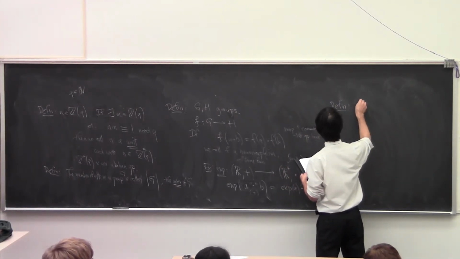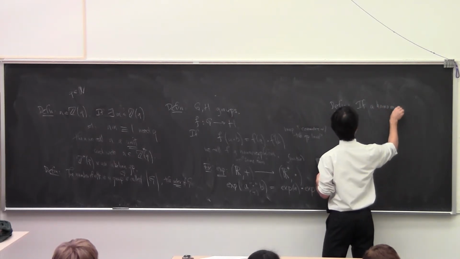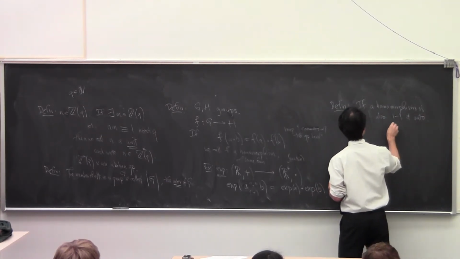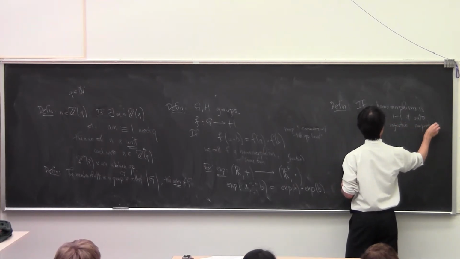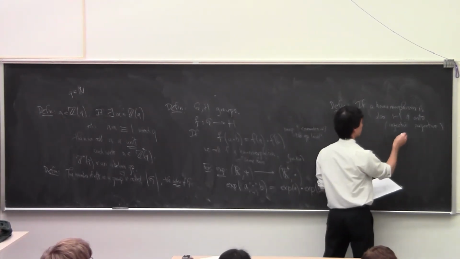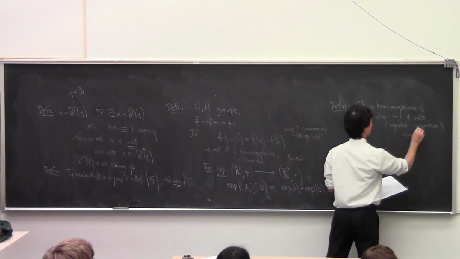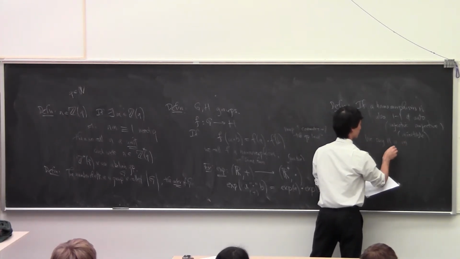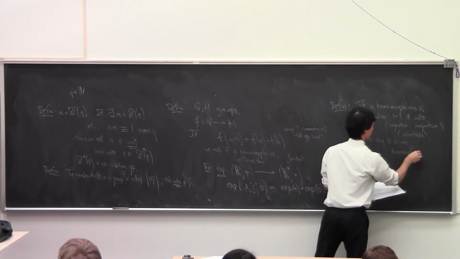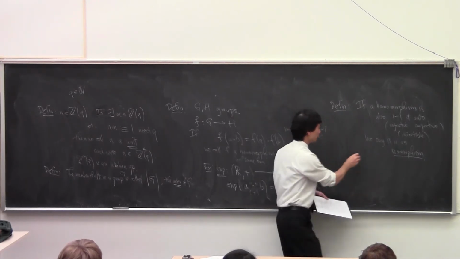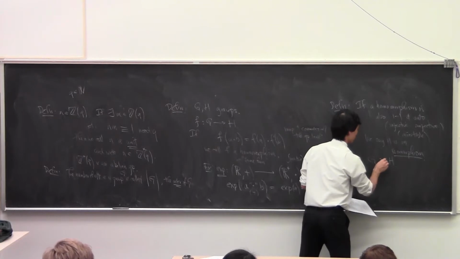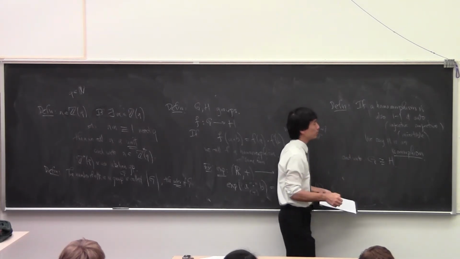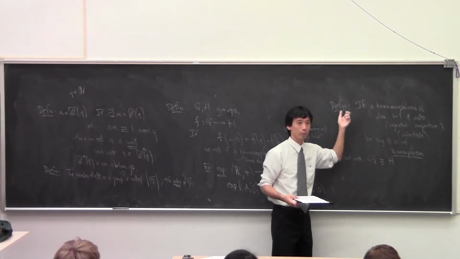Another definition: if a homomorphism is also one-to-one and onto, so injective and surjective, that is to say, it's invertible, an invertible map, then we say it is a group isomorphism, and we write that G is isomorphic to H. This is basically the same thing as saying that there is an inverse map that's also a homomorphism.